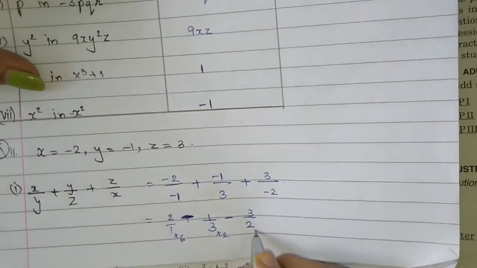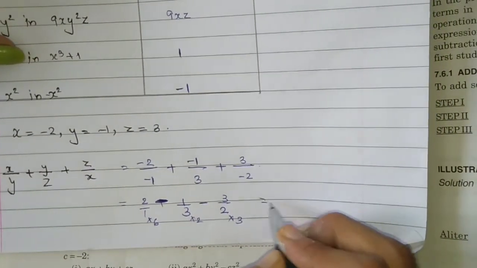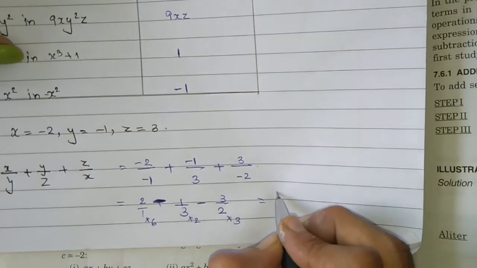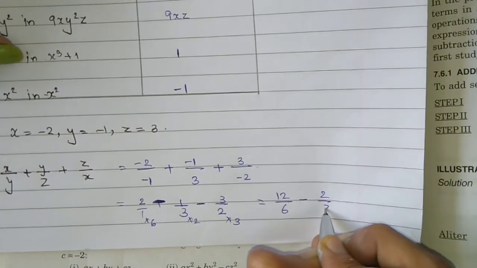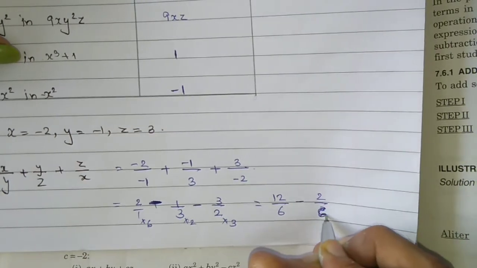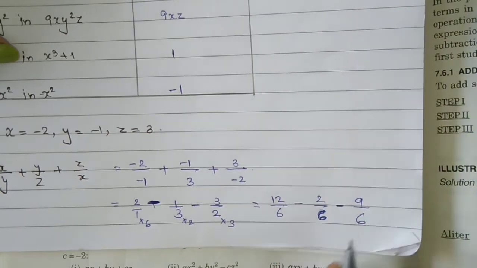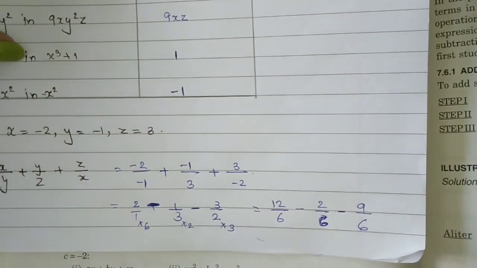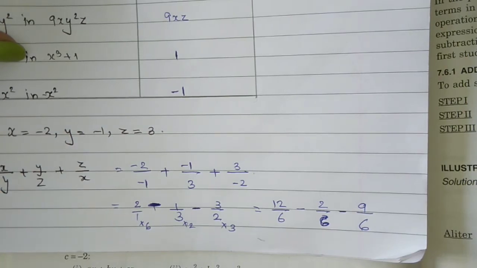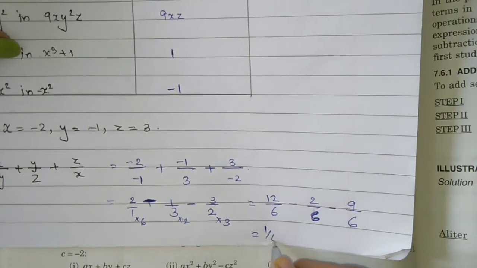So 6 2s are 12 upon 6, minus 2 upon 6, minus 3 3s are 9 upon 6. Now 12 minus 2 is 10 and 10 minus 9 is 1. So the answer is 1 upon 6.